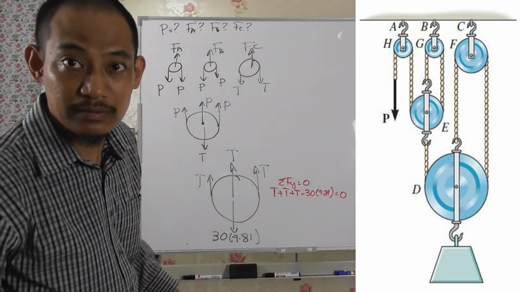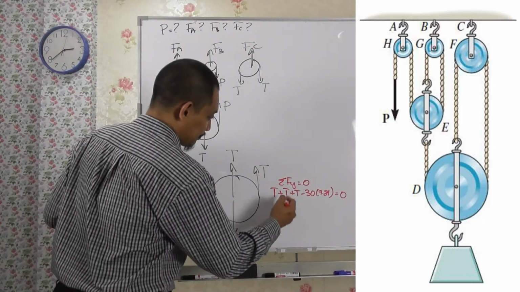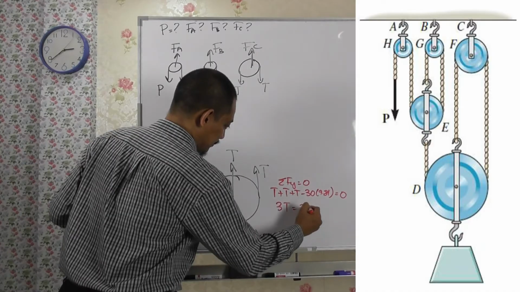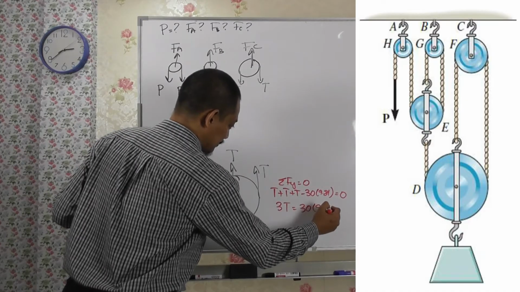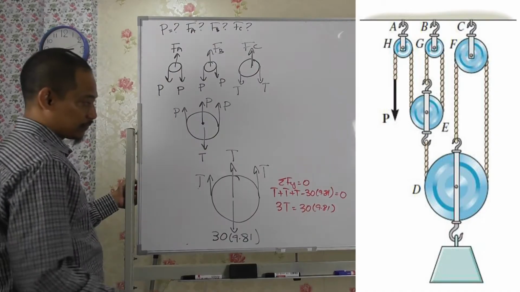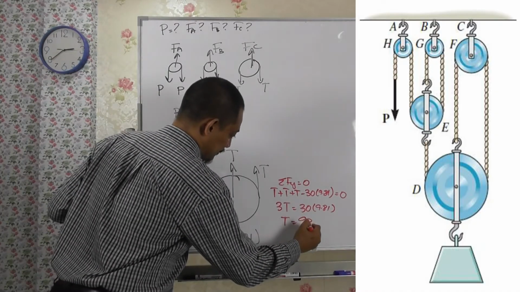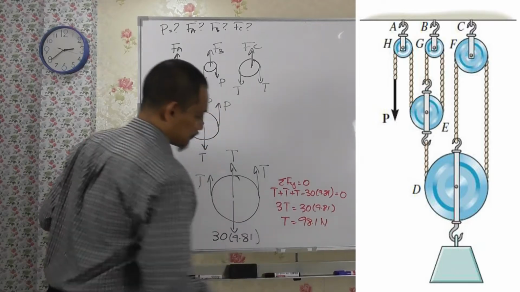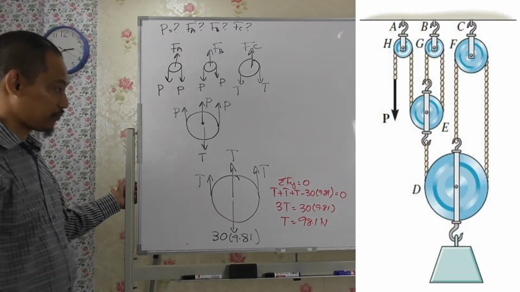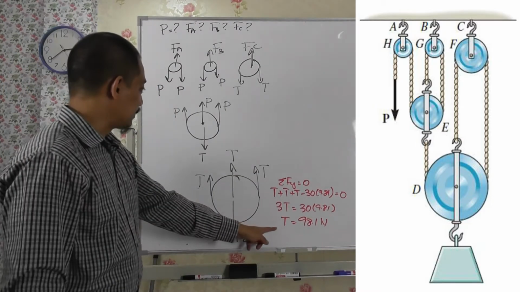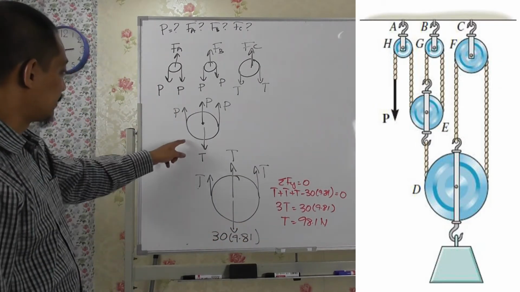Is it still okay? So basically 3T equals 30 times 9.81, right? So T is basically 98.1 Newton. After you know this, then you can solve here.